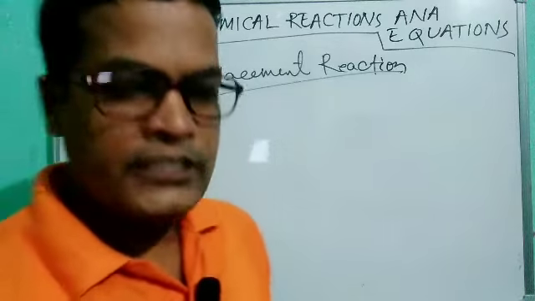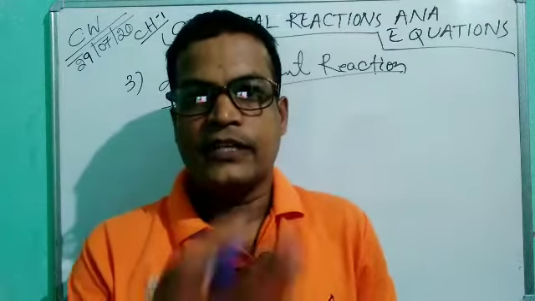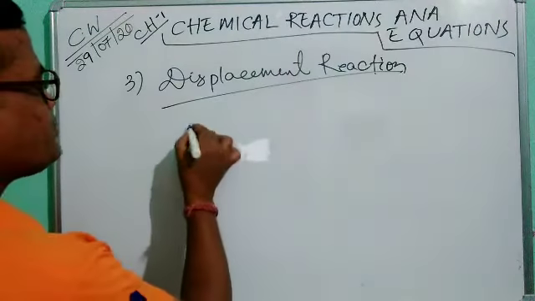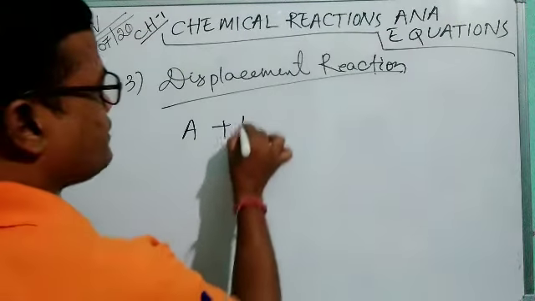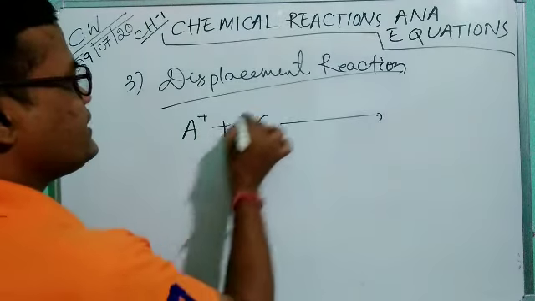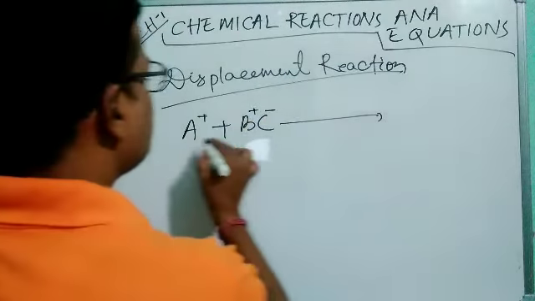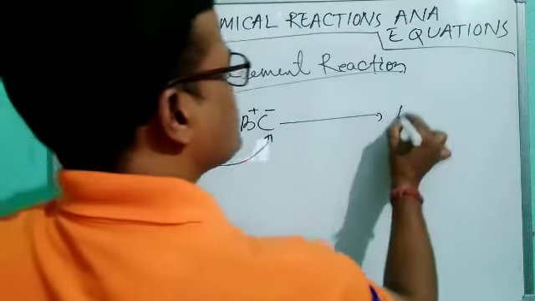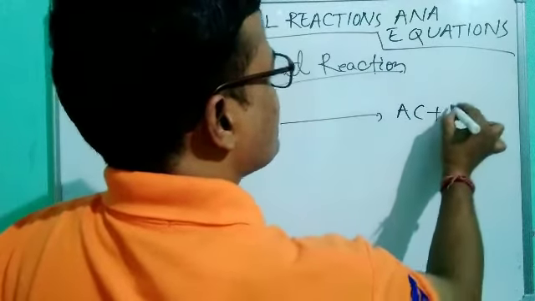A displacement reaction is of two types: single displacement and double displacement reaction. Let us see. A more reactive element, suppose A, reacts with a compound BC. A is a metal, B plus, C minus, so it gives rise to AC. B is replaced, so the product is AC plus B.